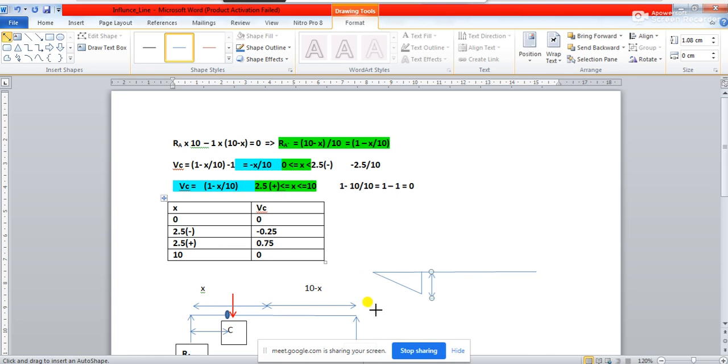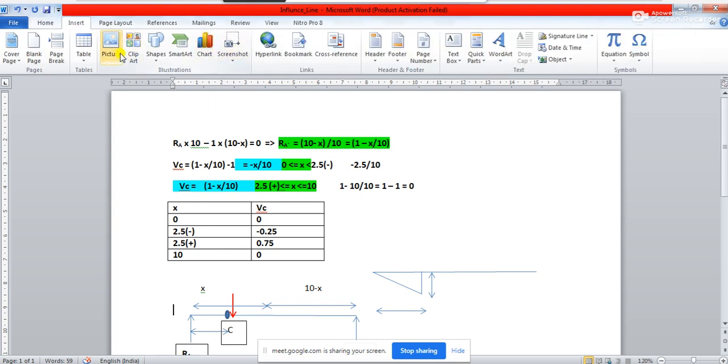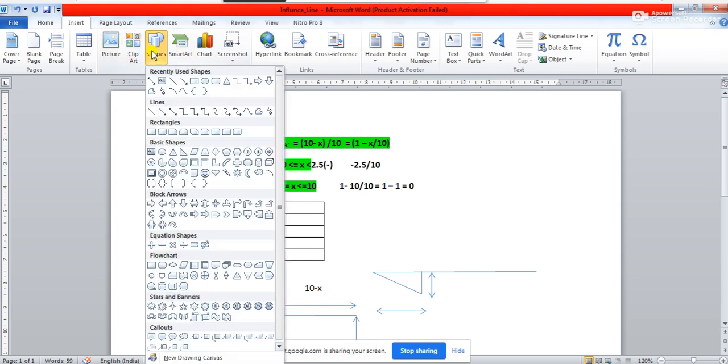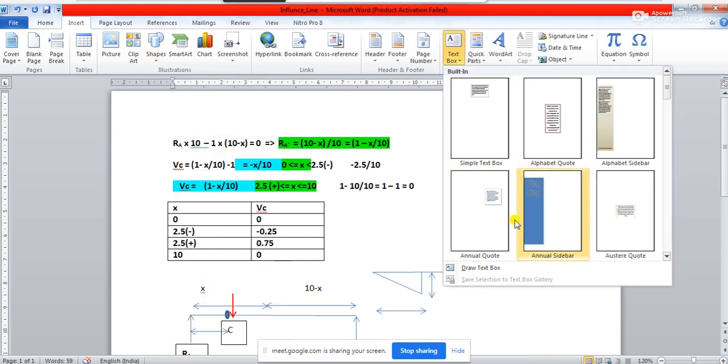From here to here, this distance is going to be equal to 2.5. So let's try to insert some text box. Where is that text box? Let us insert some text box over here and let us see.